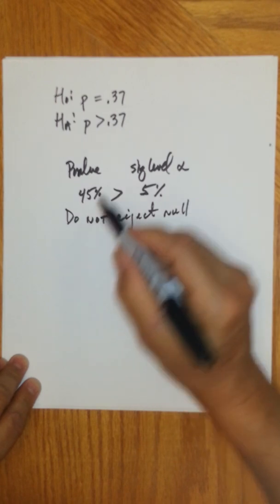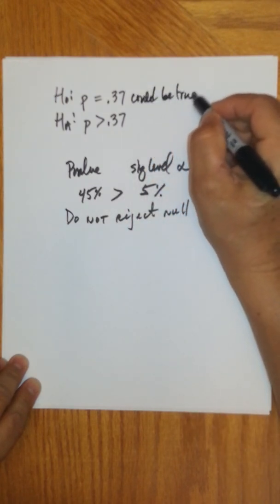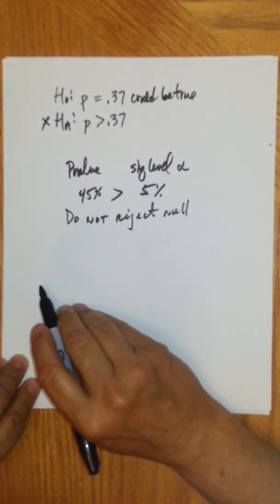So the null could be true. So then the alternative is not likely to be true.